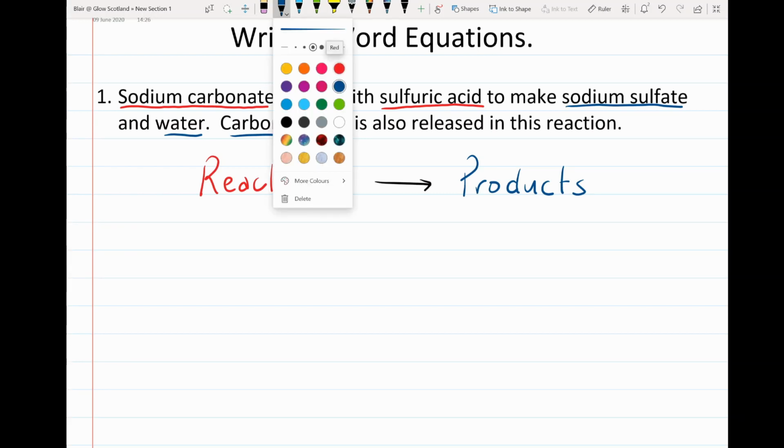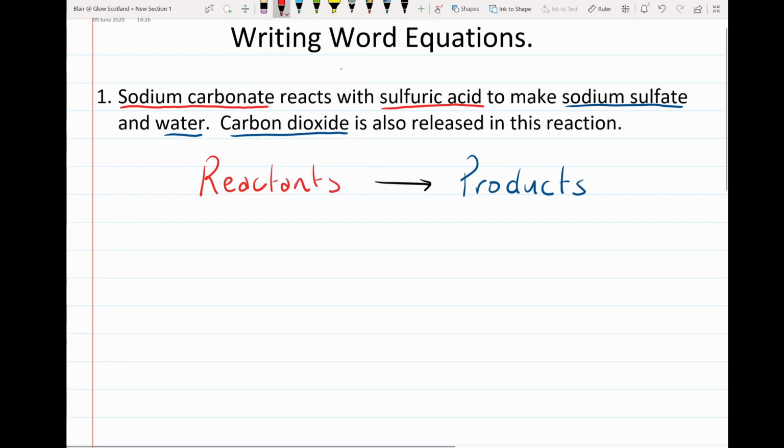Okay, so our reactants are sodium carbonate, so we're going to start off with sodium carbonate. Now you can see already my handwriting is quite large and I'm starting to run out of space.